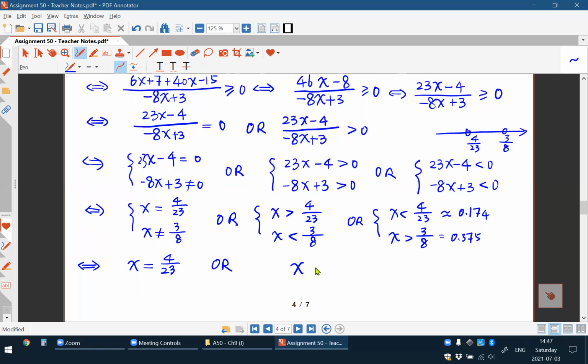So combined solution is x smaller than 3 over 8 and larger than 4 over 23, or x smaller than 4 over 23 and larger than 3 over 8. According to the diagram here, there is no solution for such x, right? Okay, so final solution is x should be larger than or equal to 4/23, and x is smaller than 3/8.